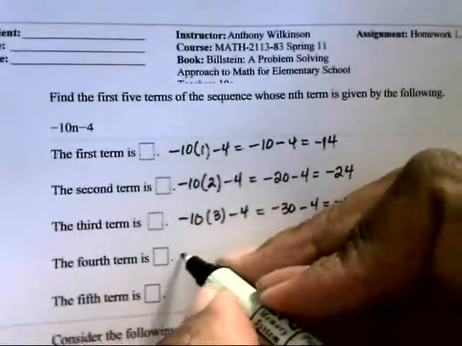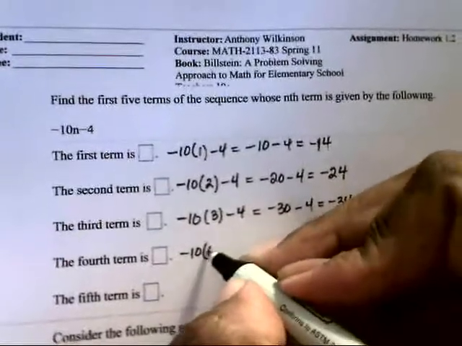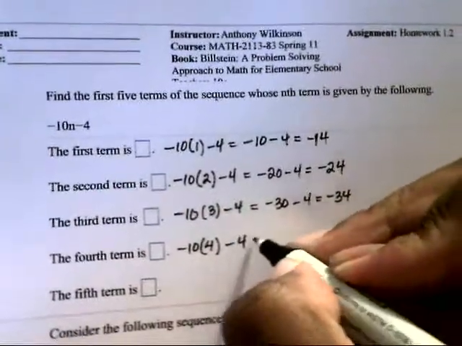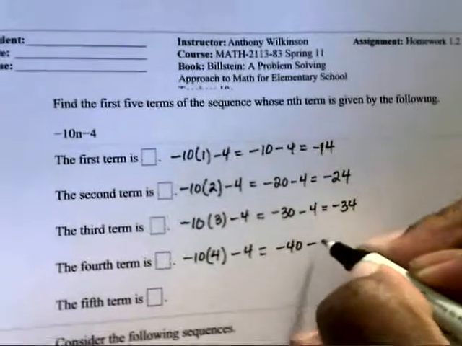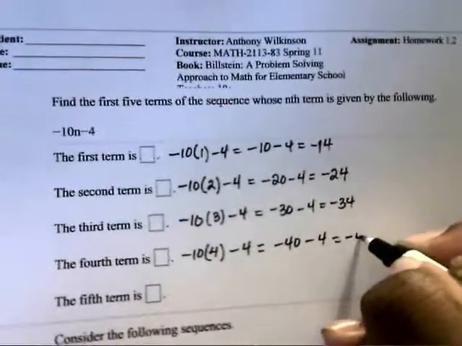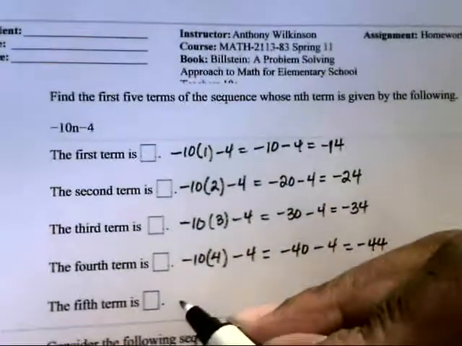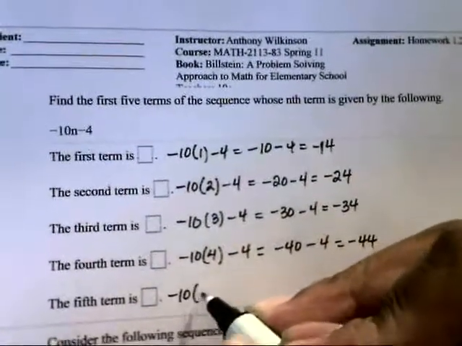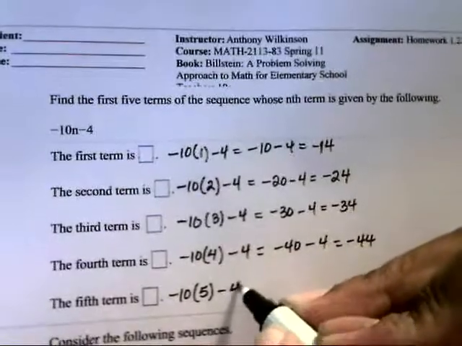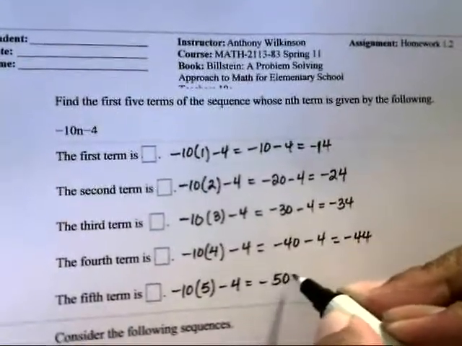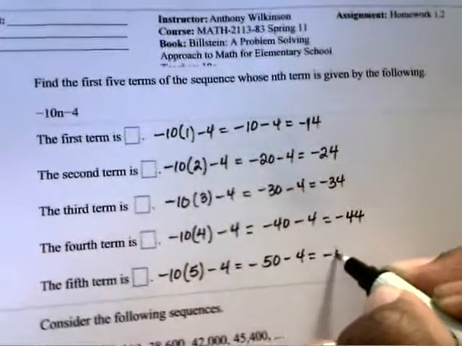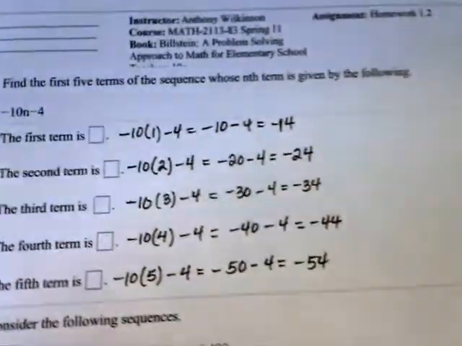And then the fourth term, that's negative 10 times 4, minus 4, or negative 40 minus 4, which is negative 44. And then finally, the fifth term, n is 5, so that's negative 10 times 5 minus 4, or negative 50 minus 4, that's negative 54.